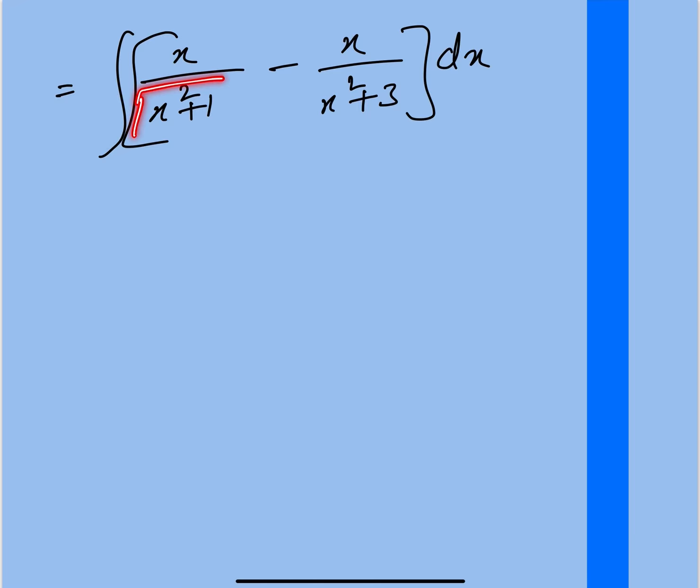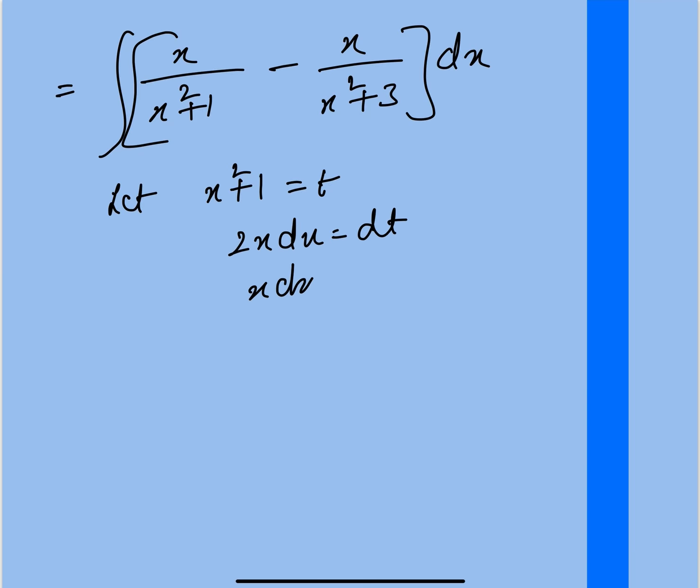It's easy. Take this as t and you will get this term. So let x square plus 1 be t. If you do that, you will get 2x dx equals dt. We just need x dx on the left hand side, so dt by 2. If you look at it, this is x dx upon x square plus 1. So if you rewrite this, you will get, first of all, the integral of dt by 2.